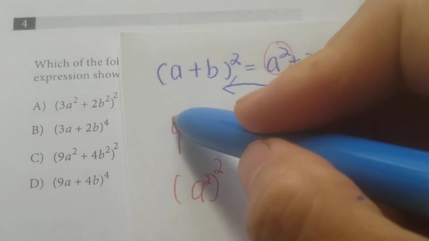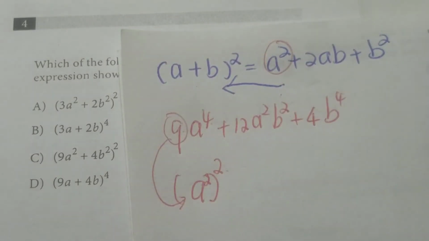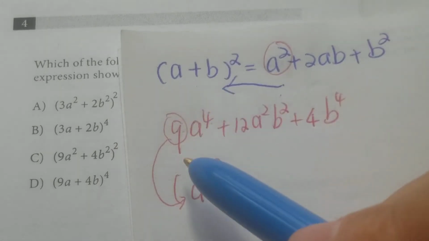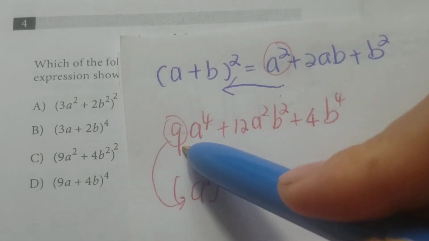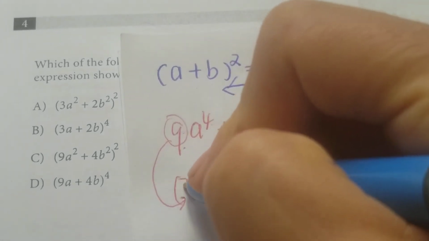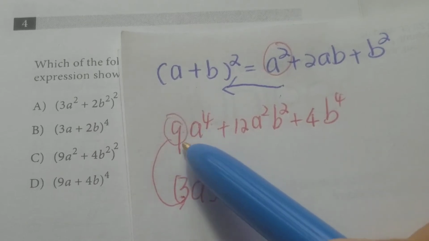Now, which number do I need to write inside here? I need a number here, square it, then equal 9. Therefore, number 3 is your choice because 3 squared equals 9.